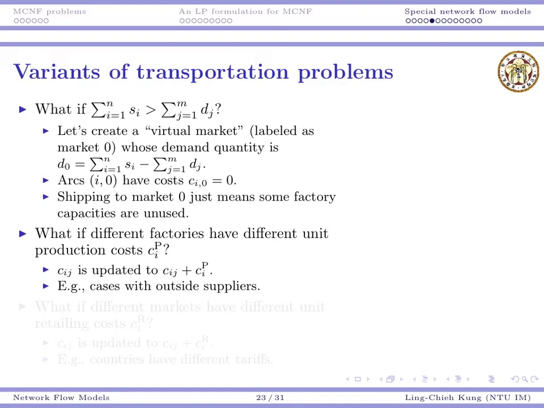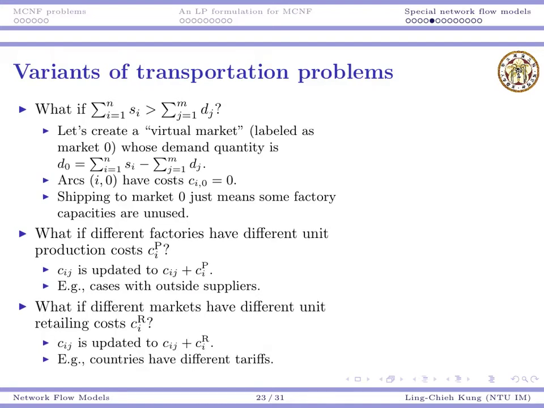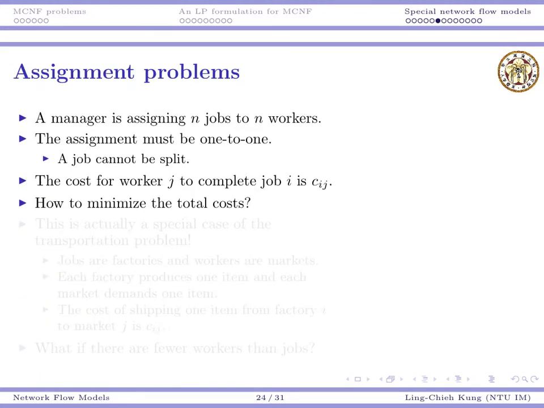That's something we may do. Or if different markets have different unit retailing costs, then of course we can update Cij into Cij plus CRj. That's not a big deal. So that's transportation cost.